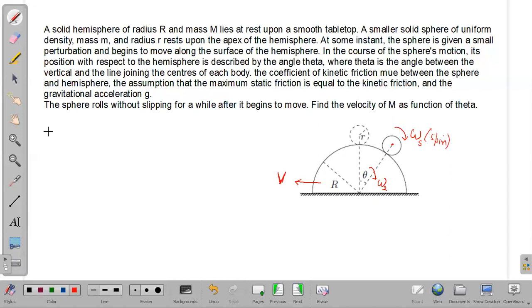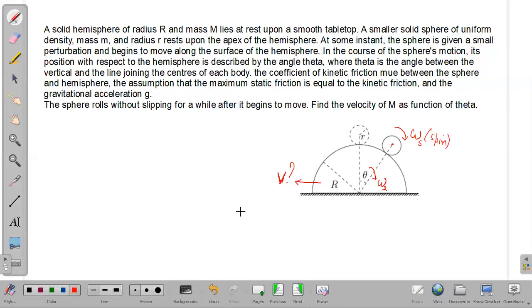Now, what will be the reasoning for this question, and how can you make equations to solve for this capital V? For that we need to write down equations based on fundamental principles of mechanics. The first basic principle is that in the absence of external force, the linear momentum of a system remains conserved.